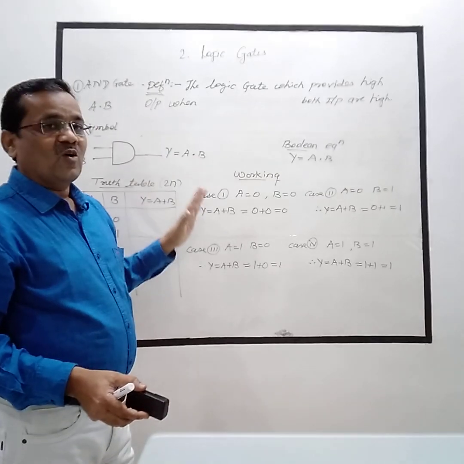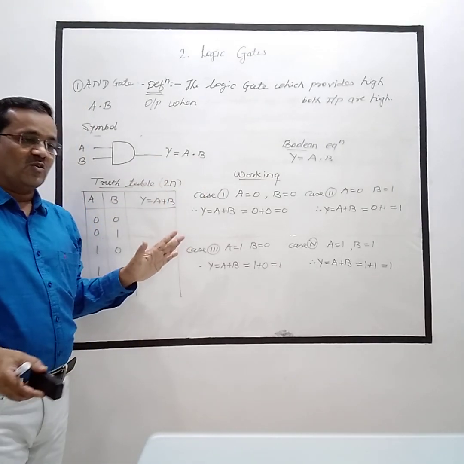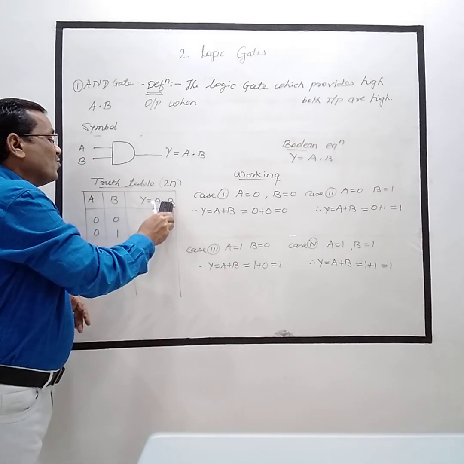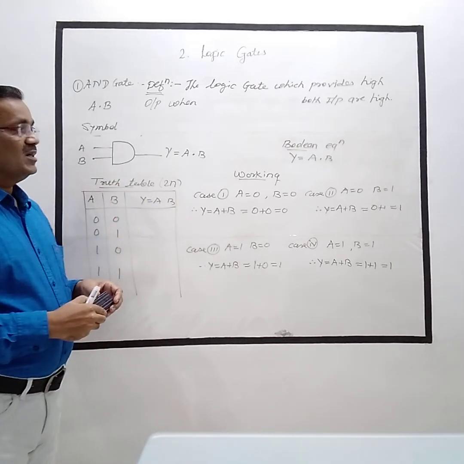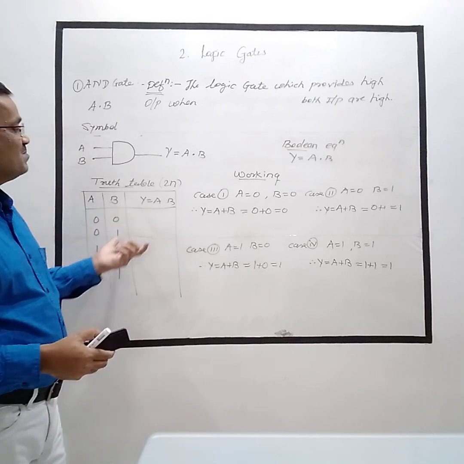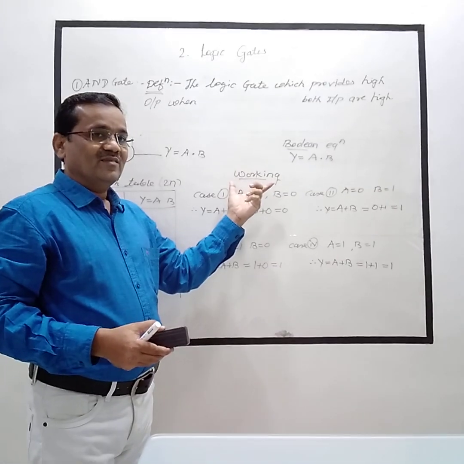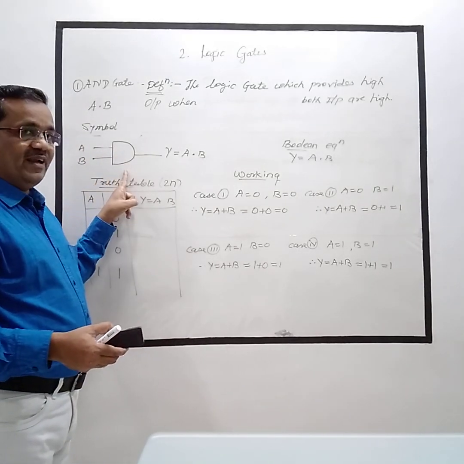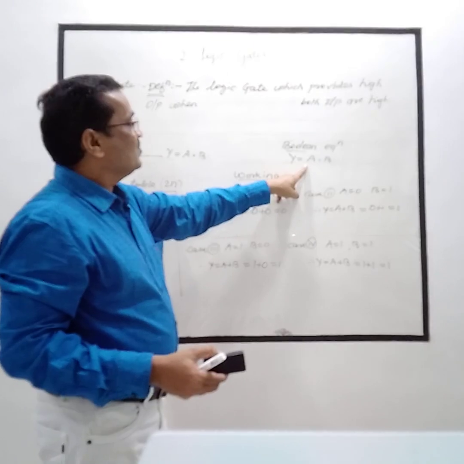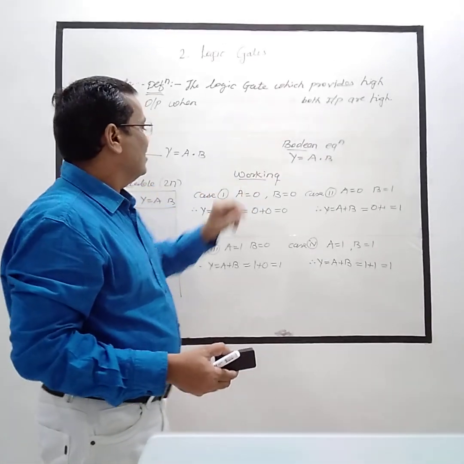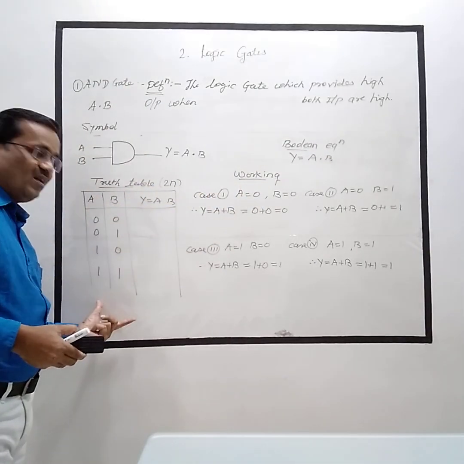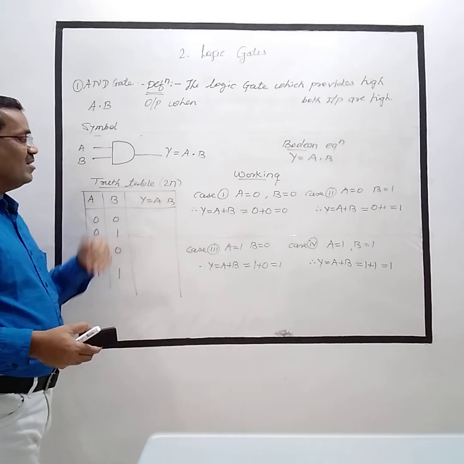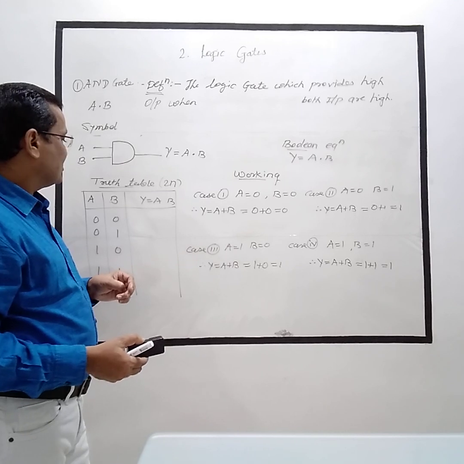Otherwise, in all other combinations, the output of this AND gate will be low. That will be discussed by using the working. This is the symbol for the AND gate. This is the Boolean equation for the AND gate. This is the truth table. It is incomplete. We are going to complete it by taking the working case by case.